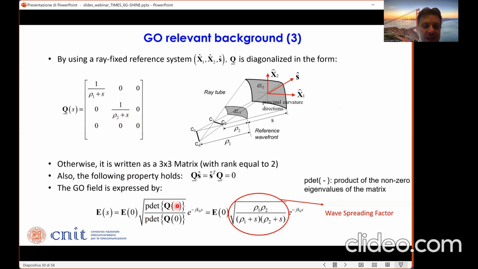And this must be done at the reference point s equal to 0 and at the considered value of the local coordinate along the ray, to get the value of the electric field at the considered point.